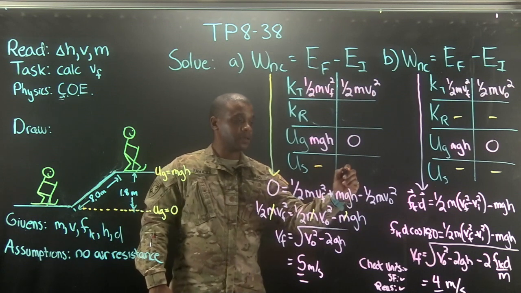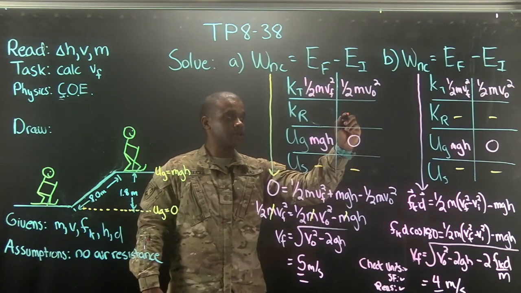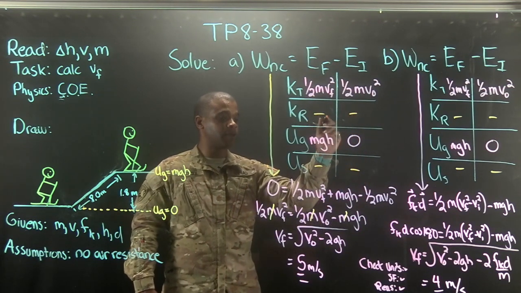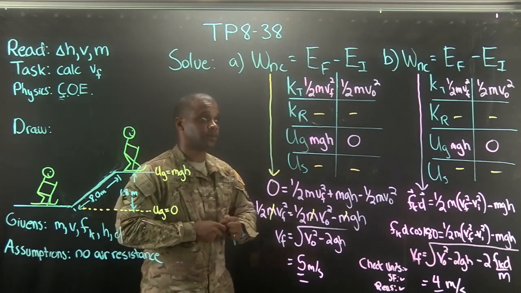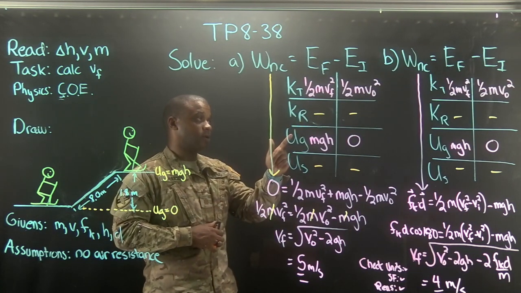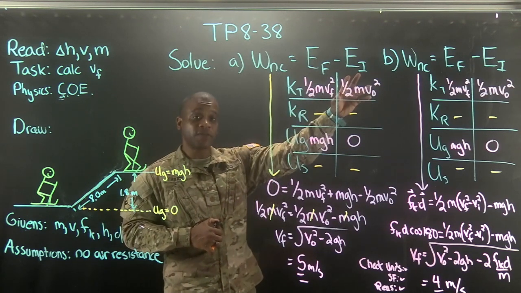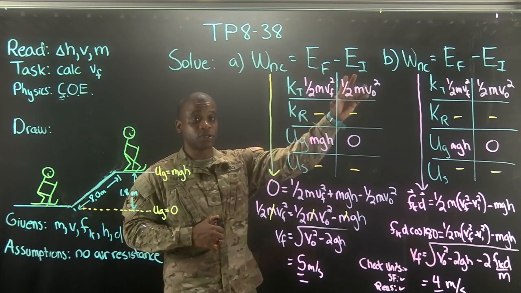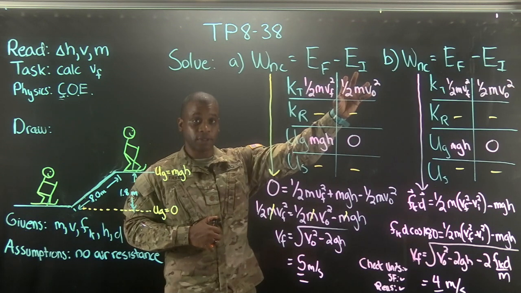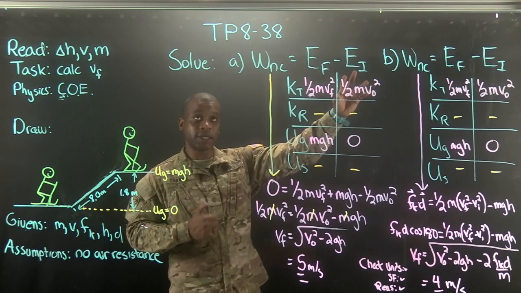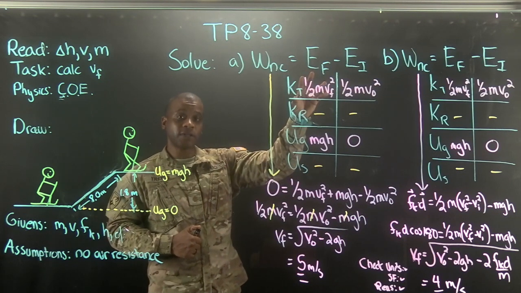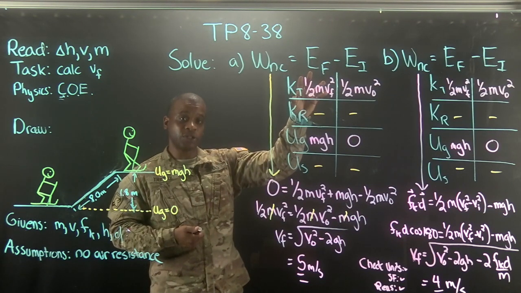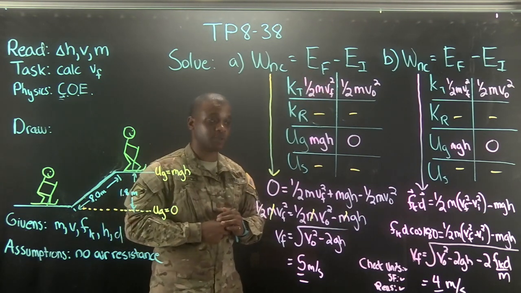The skier-slope system does not have a spring in it, and the skier is not rotating. The skier did have initial speed, so I have to assume that he has some kinetic energy. Finally, he has some kinetic energy because we're asked to find his final speed.